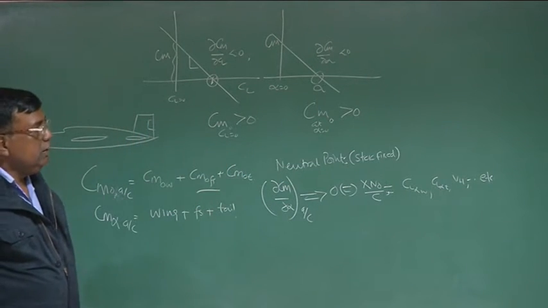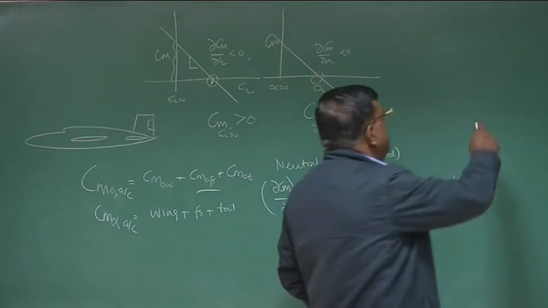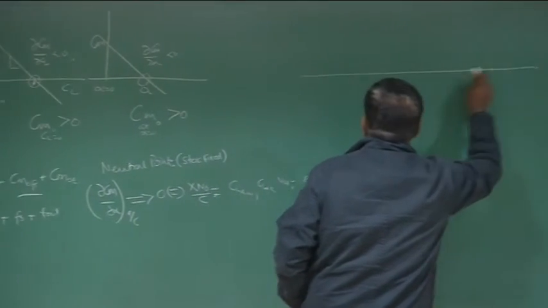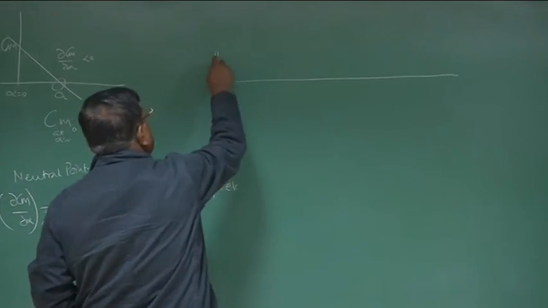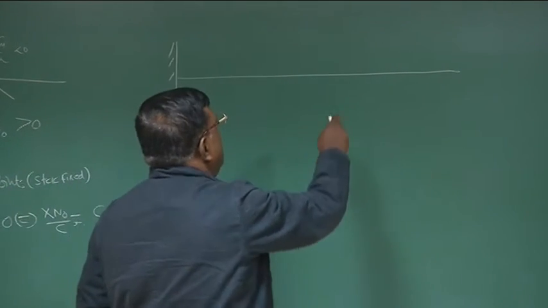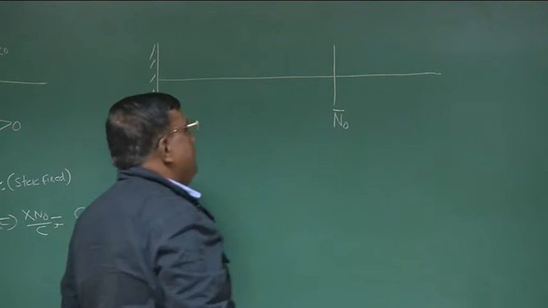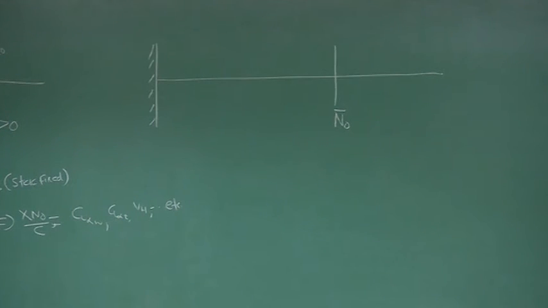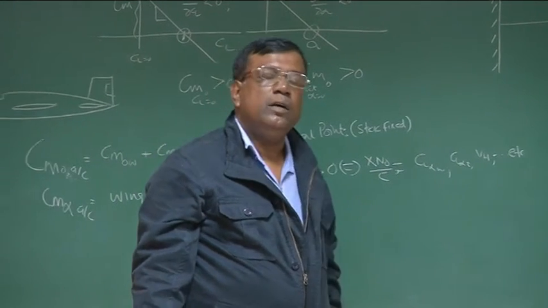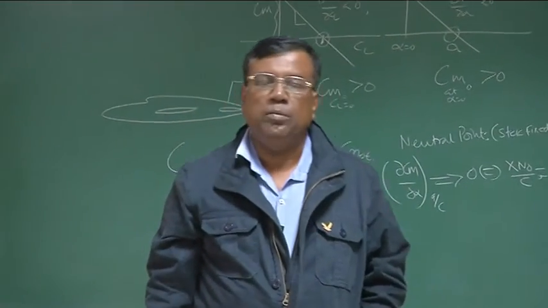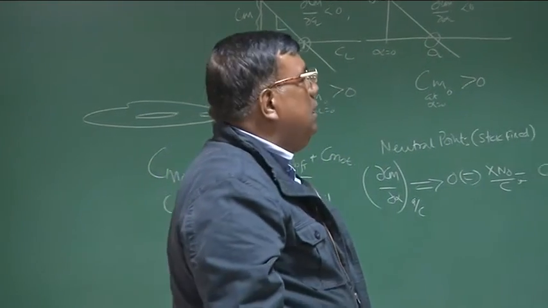engine, right? So now what we find is, if I draw a line like this, and if this is my reference, we say N naught. Sometimes I write X N naught or N naught, they are the same. When I put N naught bar, it means N naught non-dimensionalized with chord, the mean aerodynamic chord.